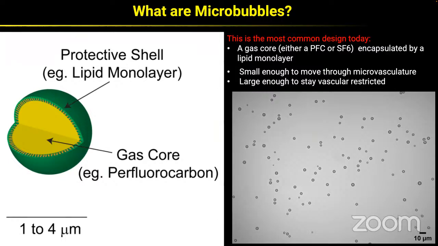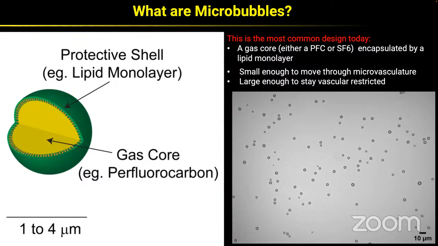We can make them out of other materials like proteins, like albumin, which is actually GE's Optison. It's made out of albumin. Or we can make them out of polymers. We've made some out of polyvinyl alcohol before, and these are kind of cool because even though their shells are really thick, whereas this one's about 3 nanometers, PVA shelled microbubbles are about 100 nanometers.